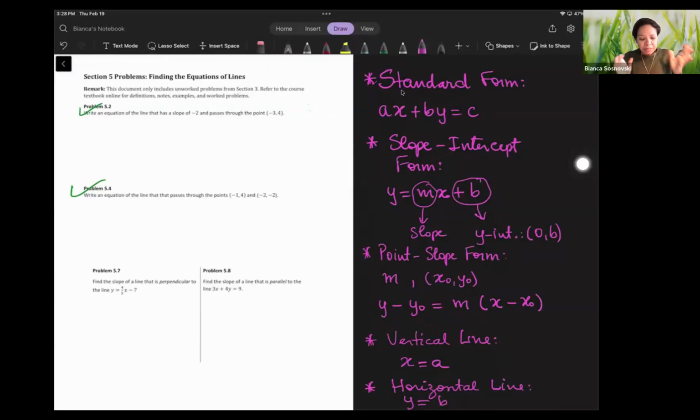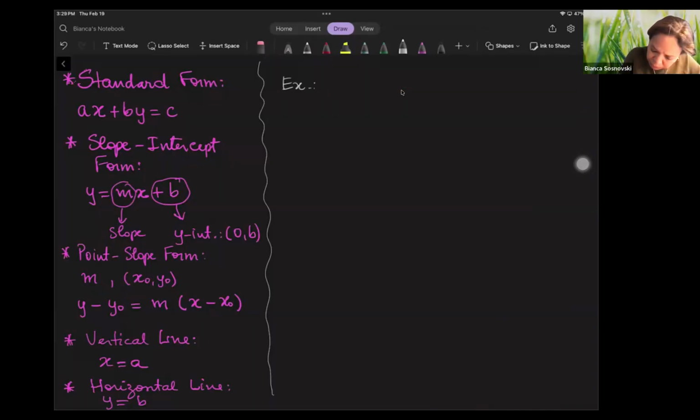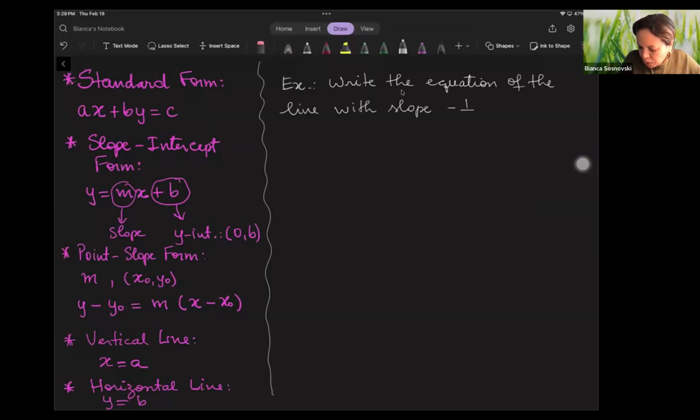All right, let me give an example. We did problem 5.2 in the textbook. You see me check mark there because I remember that we did that in class, and 5.4 as well. So example here. Write the equation of the line with slope negative 1/6.